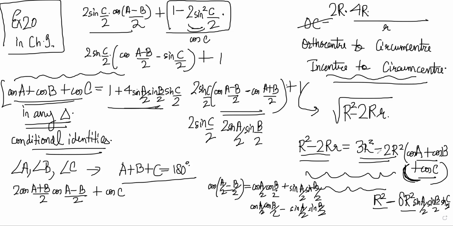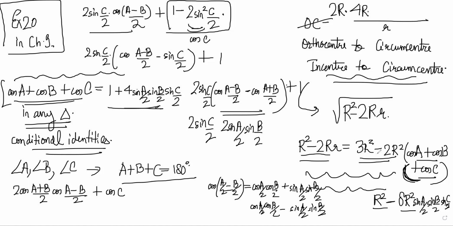That is something that you have to figure out yourself. And again, the method is simply join the orthocenter to vertex A and incenter also to vertex A. You will know the orthocenter to vertex A distance, which will be 2r cos A, and incenter to vertex A distance will be r by sine A by 2. And then you just need the middle angle once. If you can find that angle in the middle, which is easy, after that you can do cosine rule and get it.